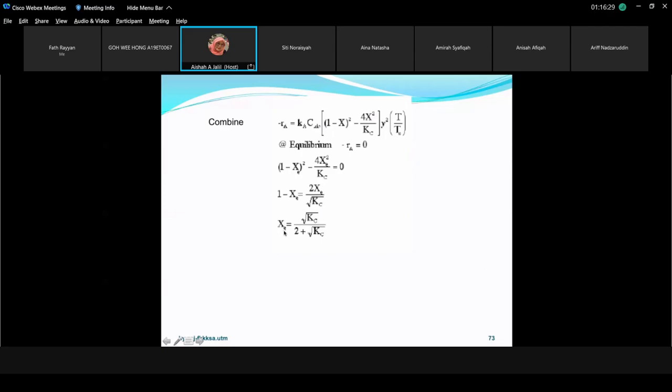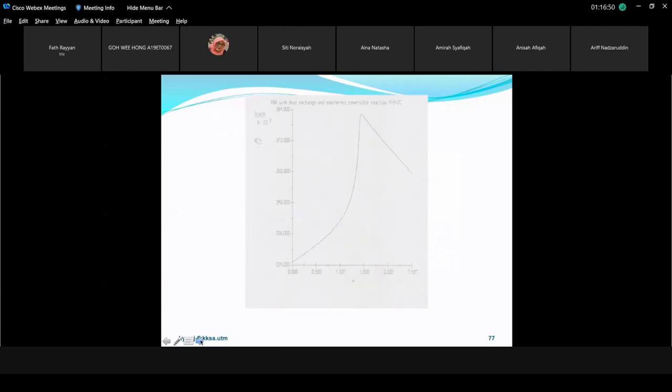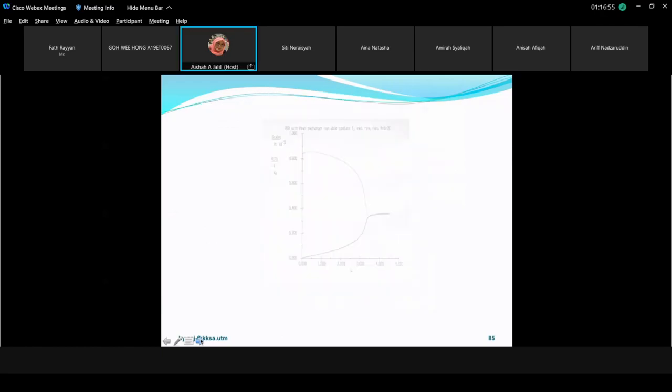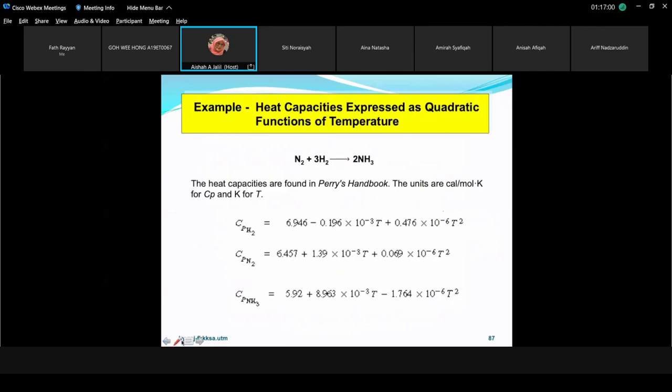This is the X from the mole balance, right? If with T, it is the energy balance. That's all for chapter 8. This is the calculation, the example. Get the C_P.